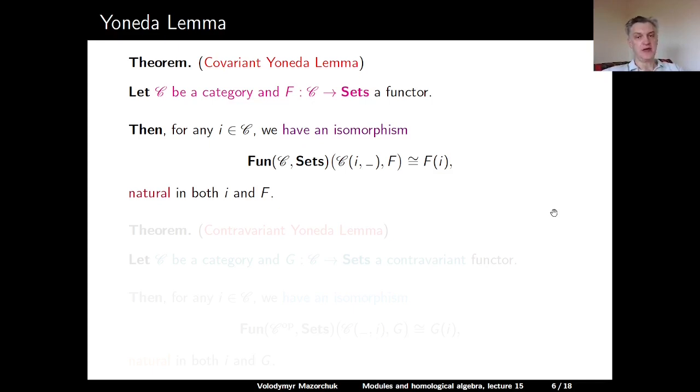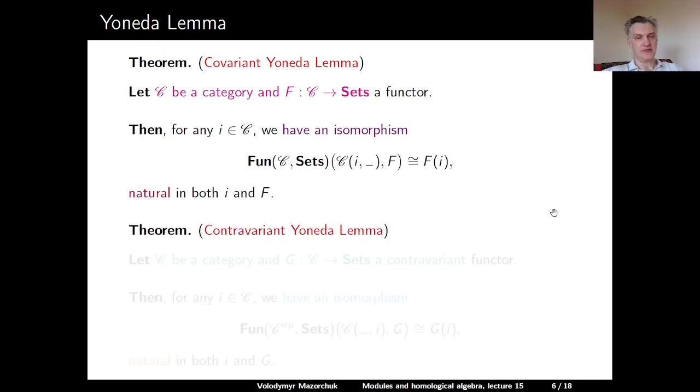And in this category we have two functors: the representable functor C(I, -), associated to the object I, and our functor F. So the set of natural transformations from the representable functor C(I, -) to F is isomorphic to F(I). That's the claim of the lemma.